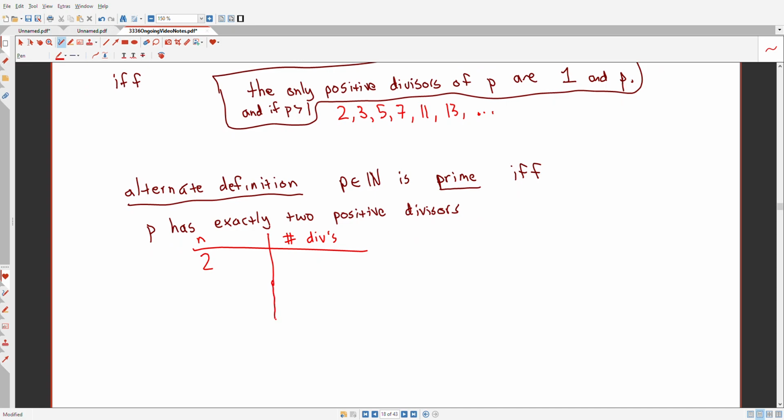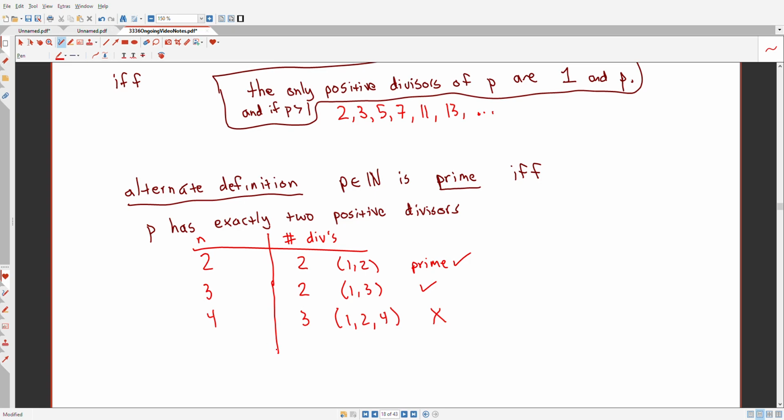If I pick as my number 2, there's only 2 divisors, 1 and 2. So this deserves to be called prime by my definition. If I pick the number 3, there's still only 2 divisors, the numbers 1 and 3. So this is prime. But if I look at the number 4, now I'm a bit troubled because I have 3 divisors: the number 1, the number 2, and the number 4 itself. So this is not prime.